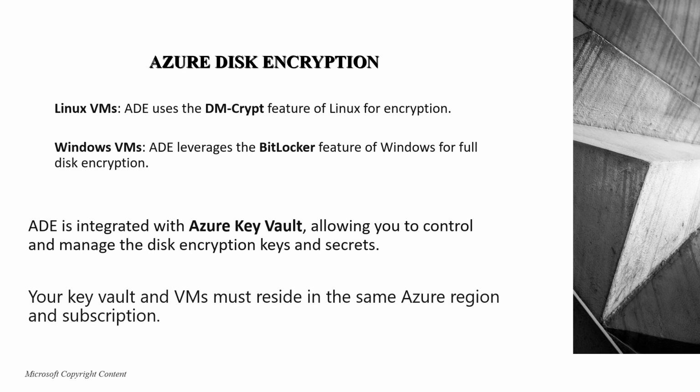For Linux, Azure Disk Encryption uses the DM-Crypt feature of Linux for encryption, which is the device mapper. While for the Windows VM, it leverages the BitLocker feature of Windows for full disk encryption. So I'm going to be doing it on the Windows VM.